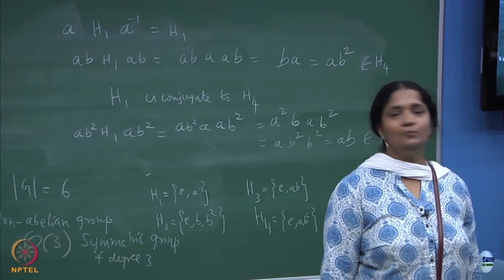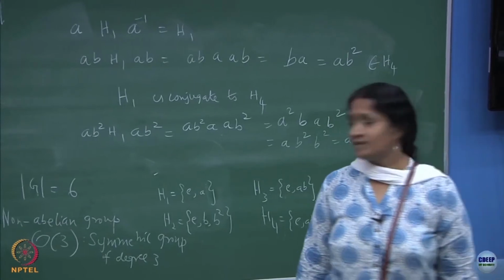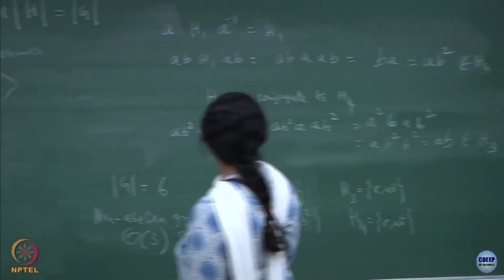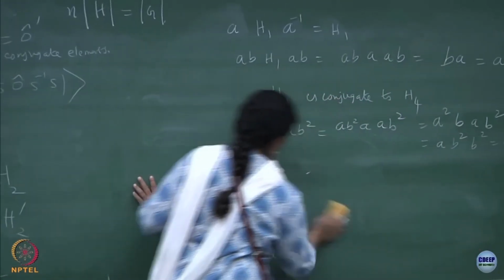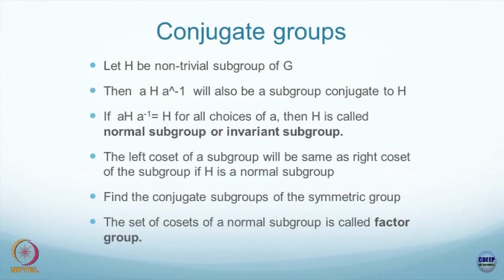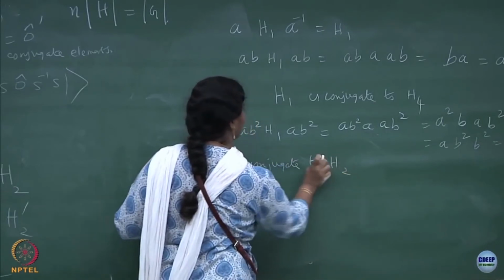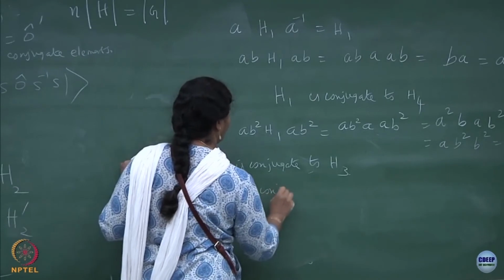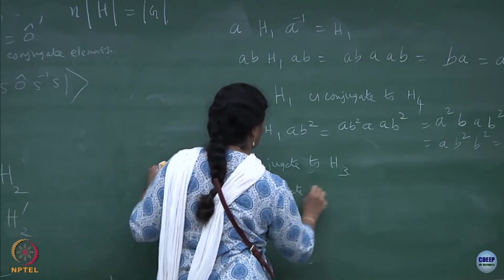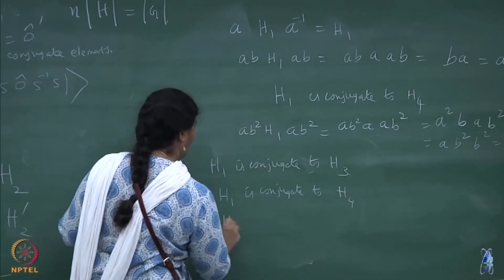And with H2 you will find it to be self conjugate. You can check that also. So, what have we found? H1 is conjugate to H3, H1 is conjugate to H4. What about H2?